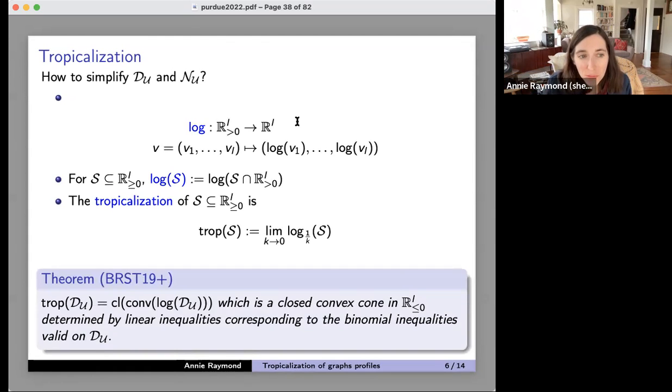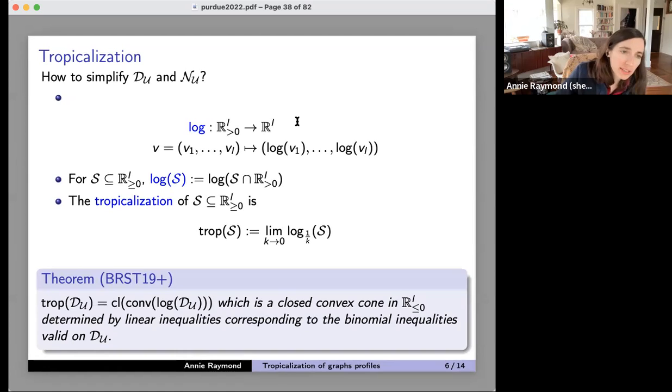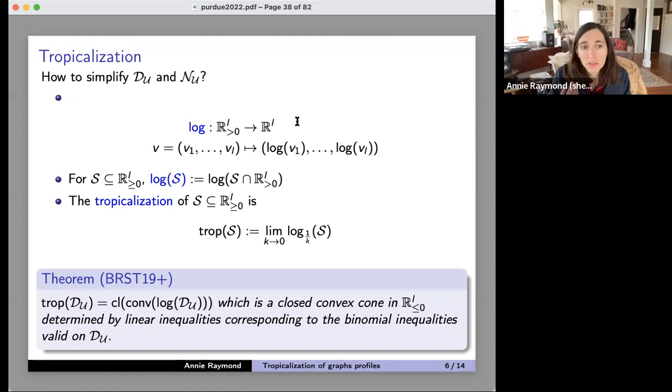And so what we were able to show was that the tropicalization of the density profile is just the closure of the convex hull of the log of the density profile. So you don't need to take the log limit. You can just take log in whatever fixed base you want and take the closure of the convex hull of that, and you'll get exactly your tropicalization.